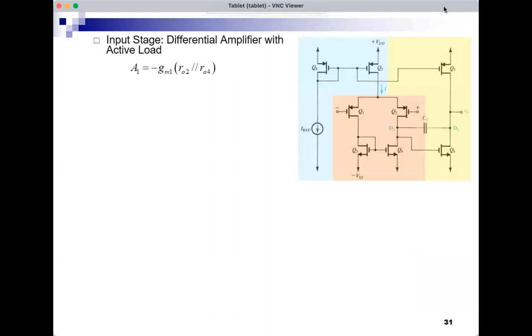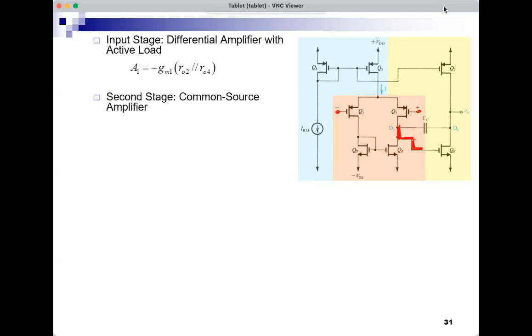So this is the gain between the inputs, which are here, and the output here. This is the output of the first stage. So A1 is the gain to the intermediate output at the stairs we see here.